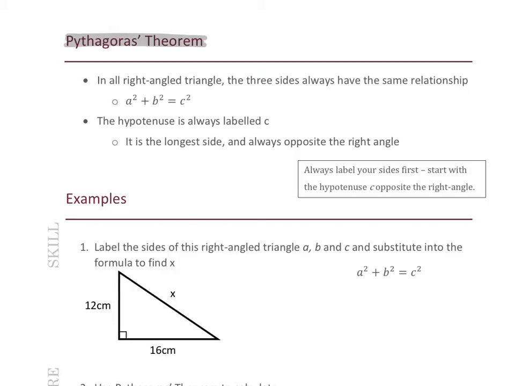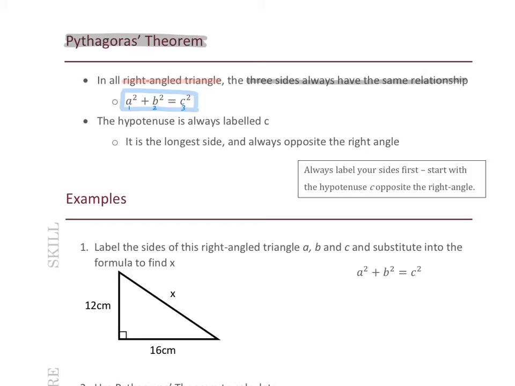The notes section says, in all right angled triangles, and that's really important, the three sides always have the same relationship. We have this formula: a squared plus b squared equals c squared. We've got three sides of the triangle, and they are always in this relationship.